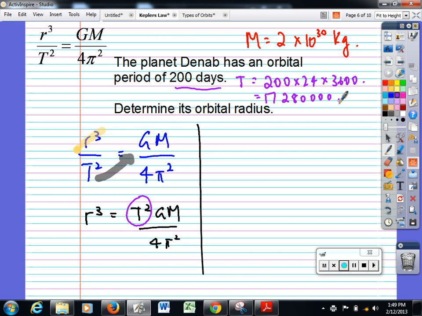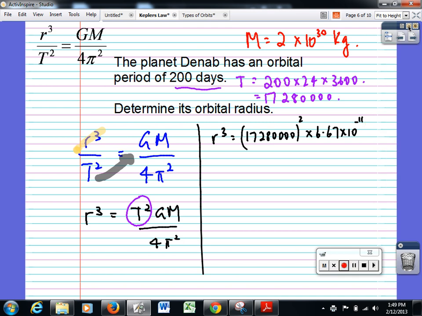We agree? And so r cubed would equal 1,728,000 squared times G, which is 6.67 by 10 to the minus 11, times the mass of the central object, which is the sun, because DNAB is going around the sun, so it's 2 by 10 to the power of 30, all over 4 pi squared.